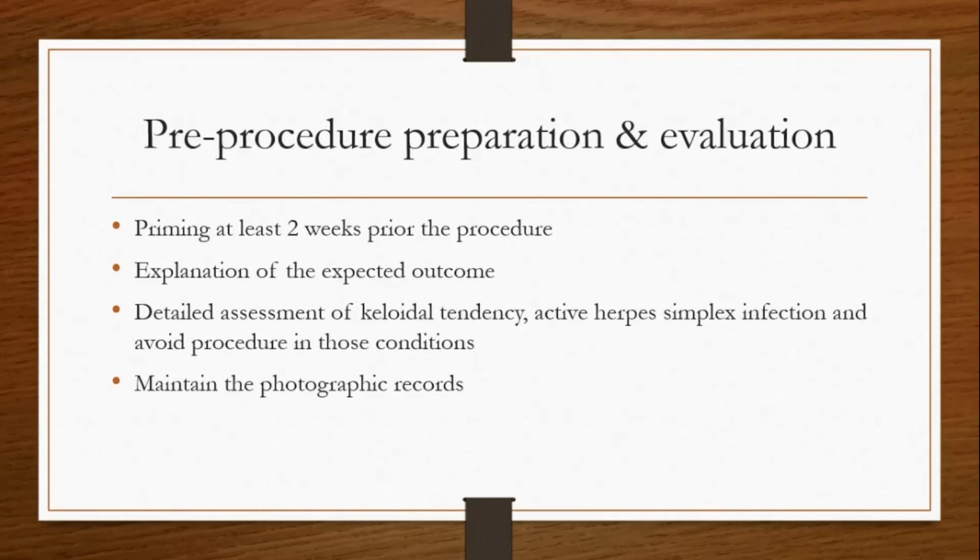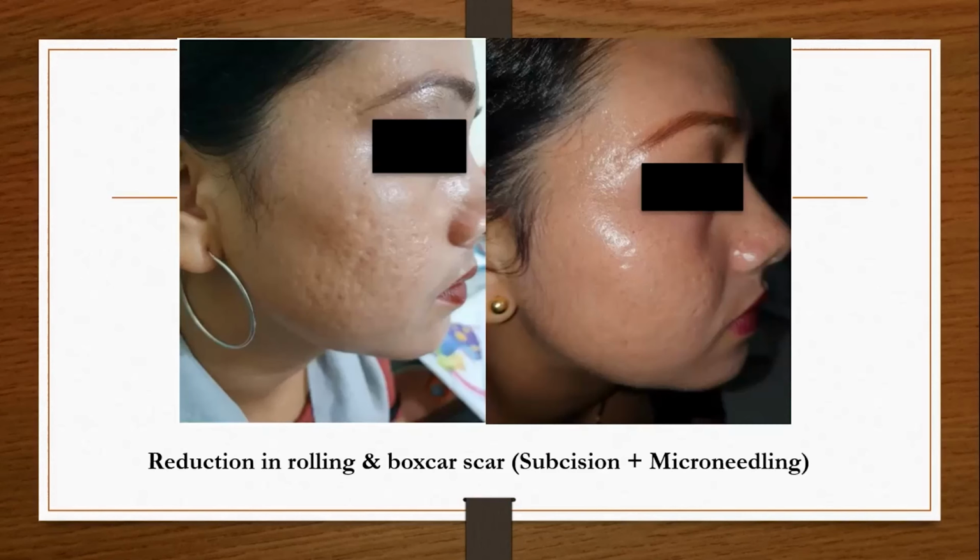And if there is active herpes simplex infection, we should go for acyclovir therapy, and we can postpone the session of these therapeutic modalities. And we should always try to maintain the photographic record along with signed consent form after explaining everything in writing, verbally as well as in writing. Next, please.